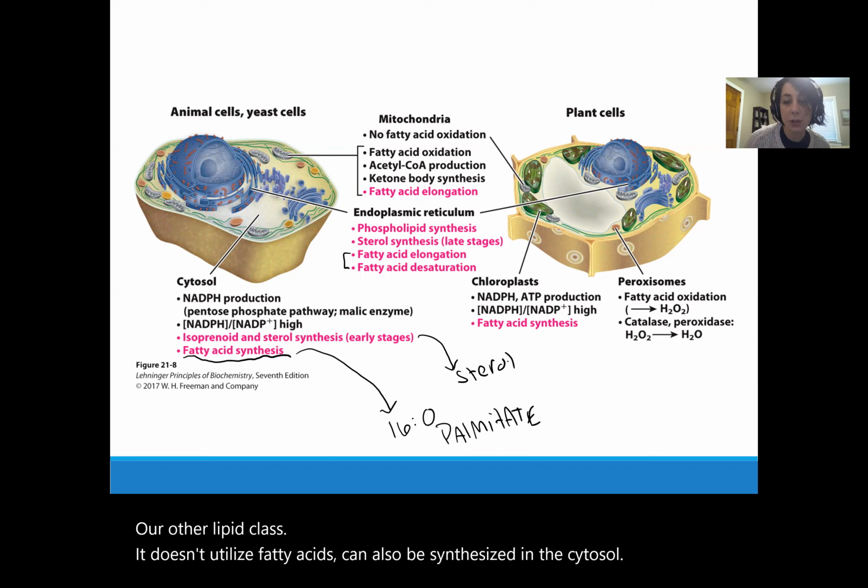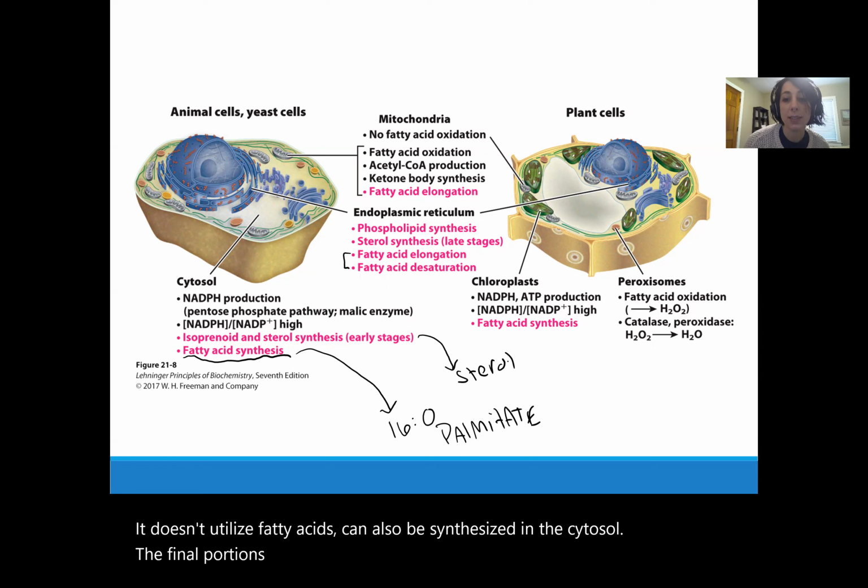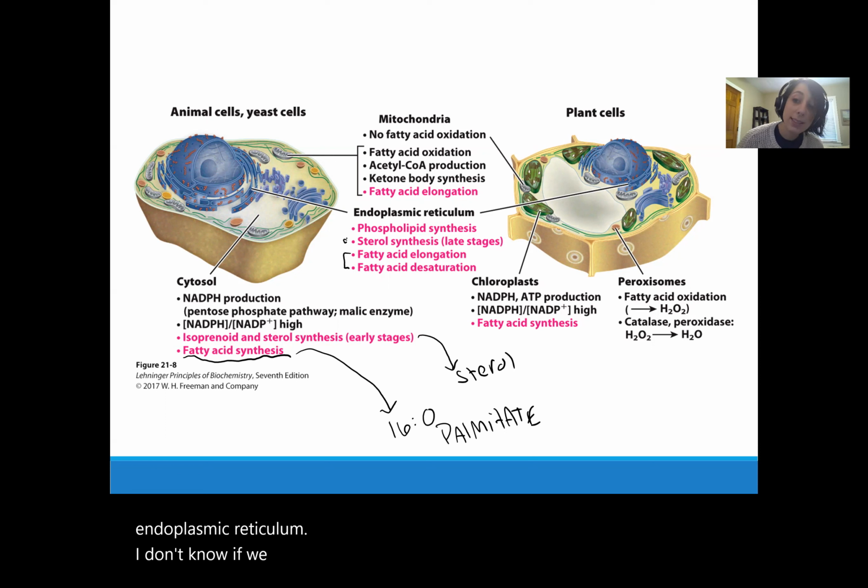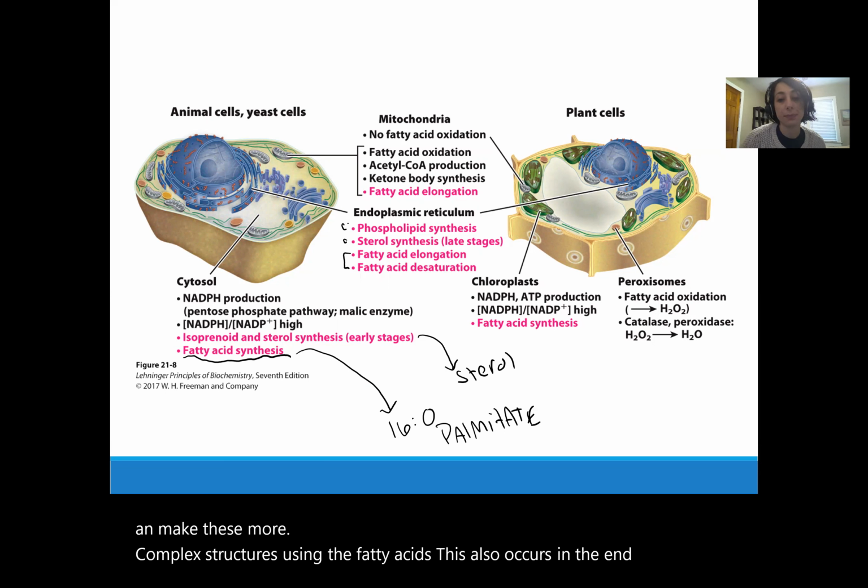The final portions and modifications of steroid formation also occur in the endoplasmic reticulum. And you'll note if we want to do something more complex, like form a phospholipid and make these more complex structures using the fatty acids, this also occurs in the endoplasmic reticulum.